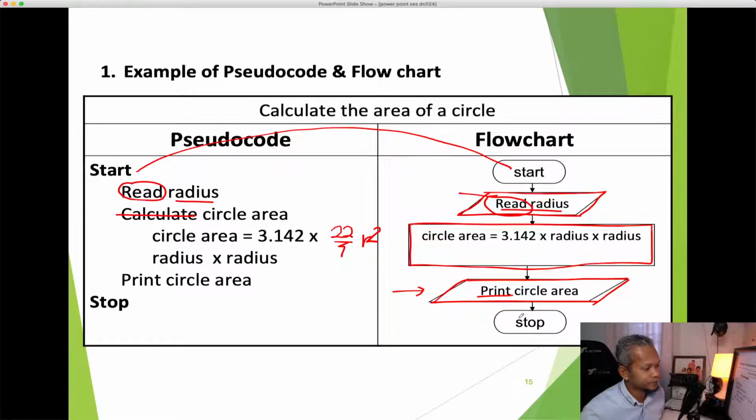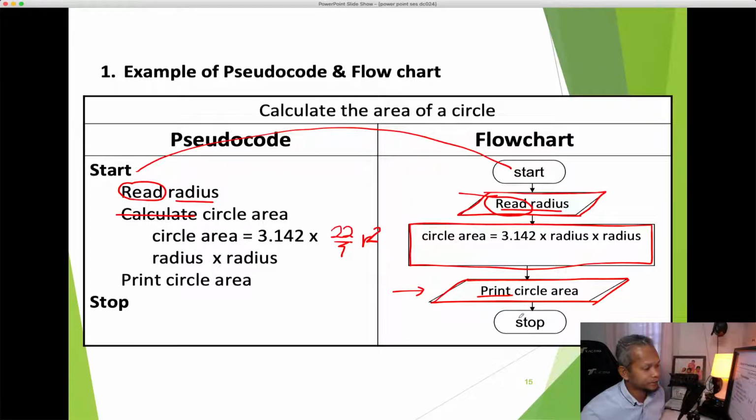Unlike the input or output, this symbol has one entry flow line, and then you can go out here or here or anywhere. It has one input flow line and then three flow lines, and usually you use two flow lines to go out.